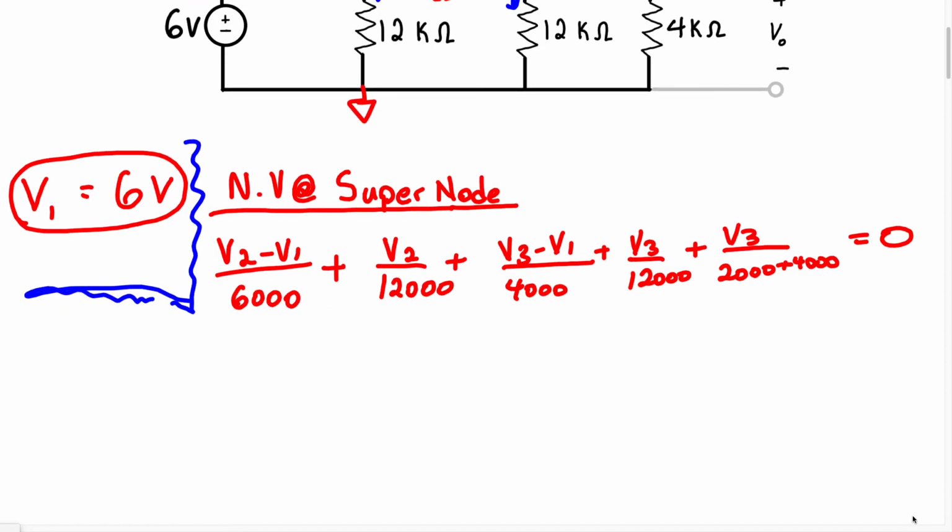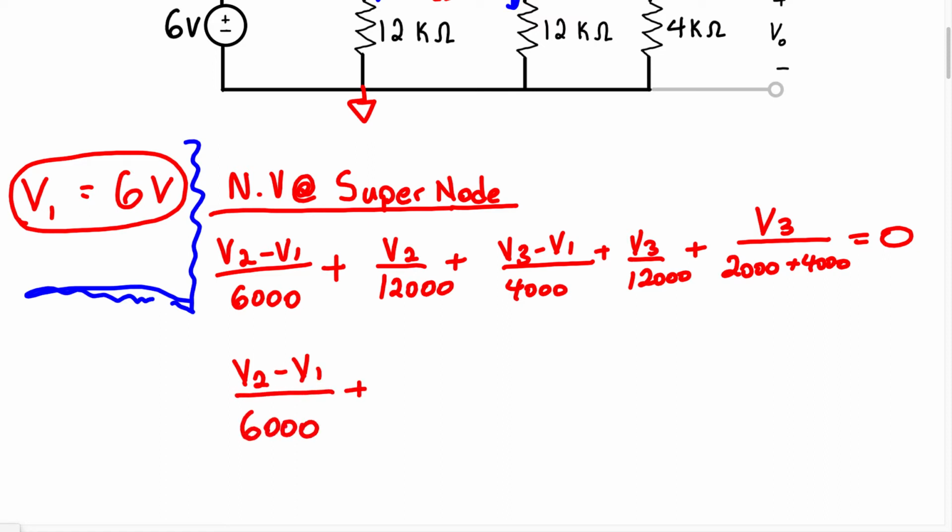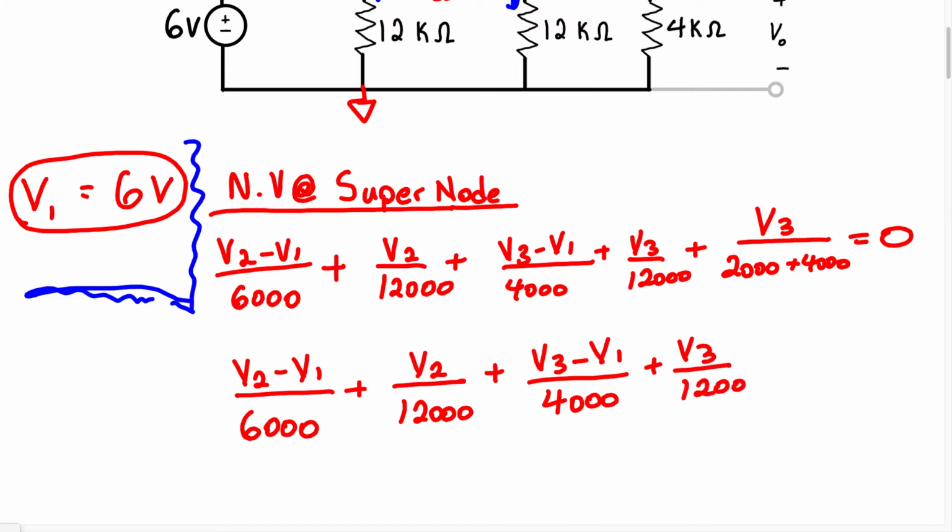Alright, so now that we have this, let's start to simplify. We're going to have V2 minus V1 over 6,000 plus V2 over 12,000 plus V3 minus V1 over 4,000 plus V3 over 12,000 plus V3 over 6,000 equals 0.